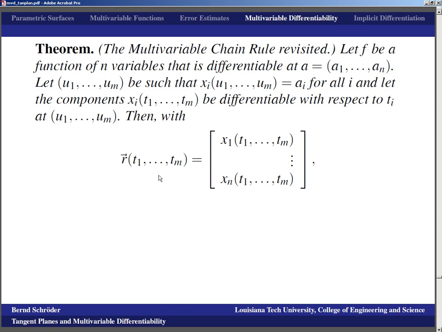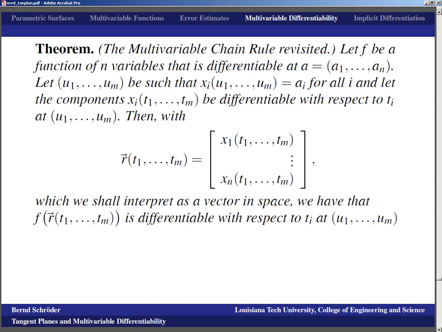If all of that is the case, then with r being the input vector x1 through xn, which we shall interpret as an input vector in space, we have that f of r of t1 through tm is differentiable with respect to ti at the point u1 through um, because we wanted the point u1 through um for the input to give us the ai's that we want to plug into f.